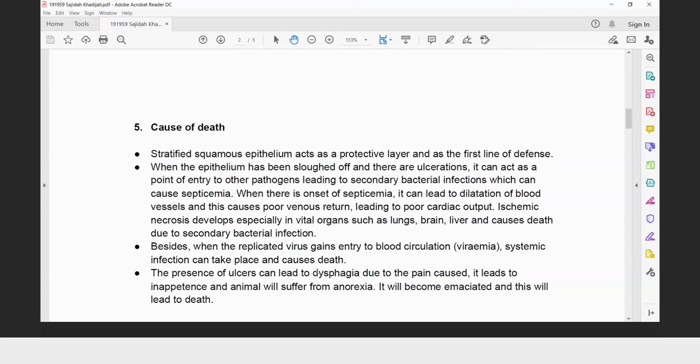If the animal is emaciated, they might have poor growth. And in this case, because the lesions are more in the oral cavity, they must lose a lot of protein. That means less protein in the body. So as a result, the animal has low protein in the blood vessel. It's hypoproteinemia.